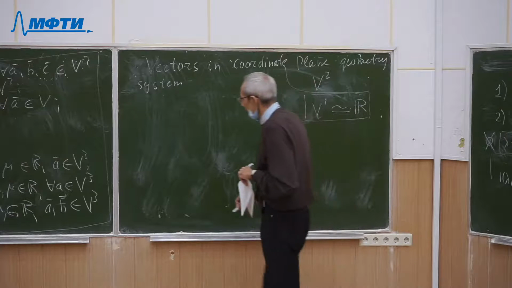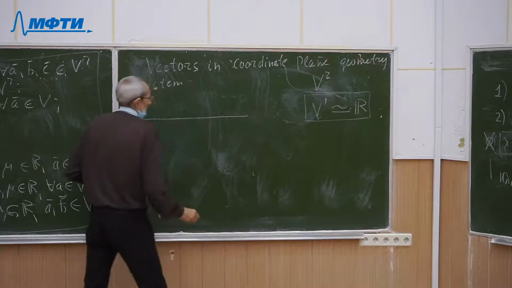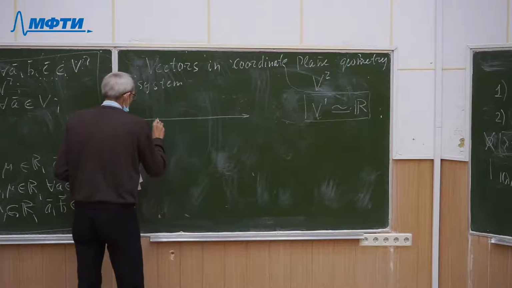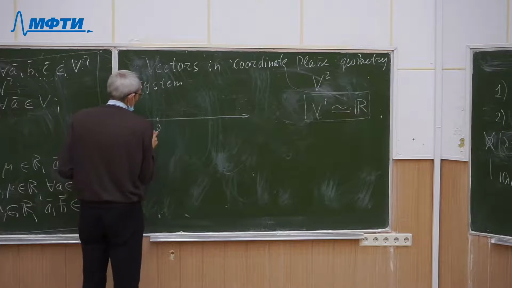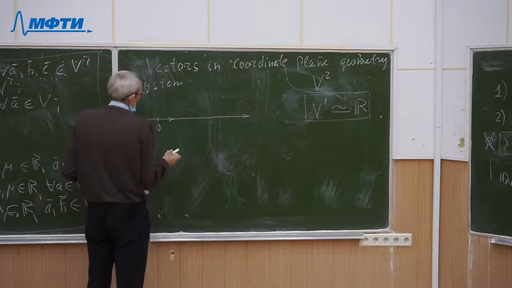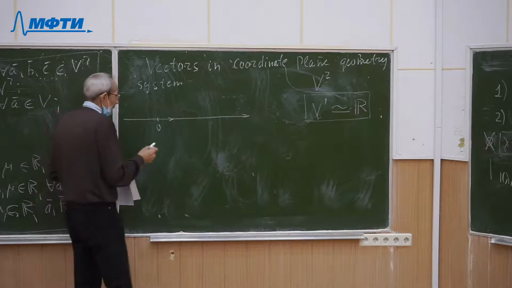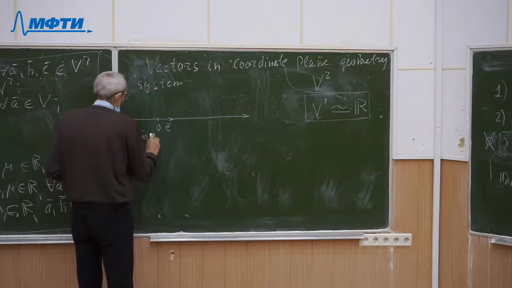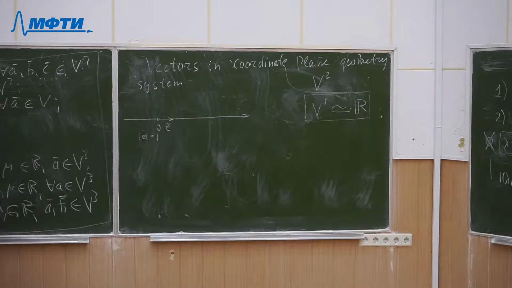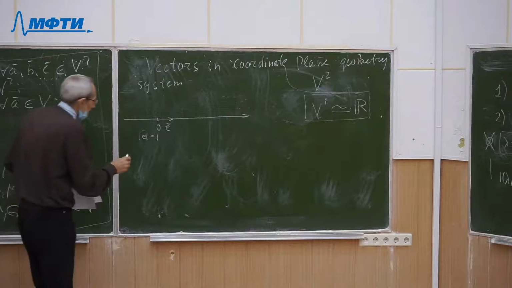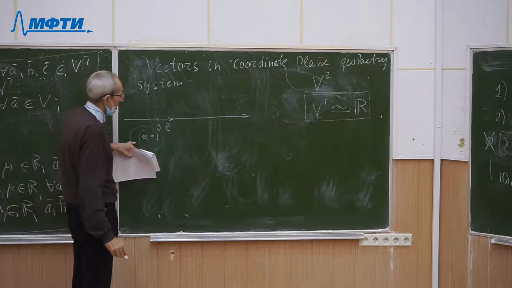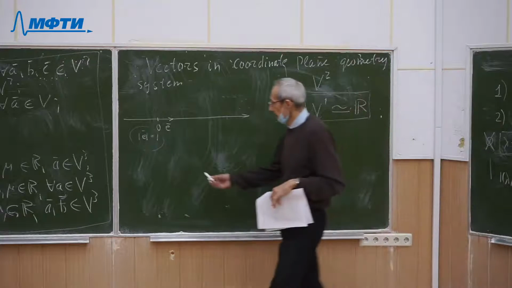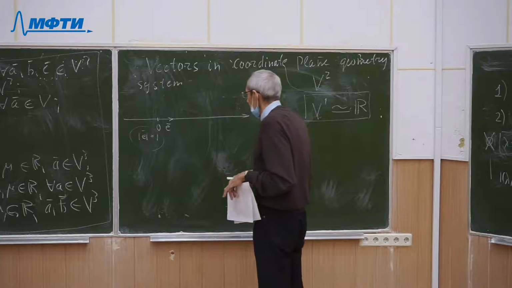In the case of the vectors in the space V1, we fix some point O and some vector of unit length, vector E. The length of this vector can be arbitrary, but for simplicity of further reasoning, we can suppose that the length is equal to 1.